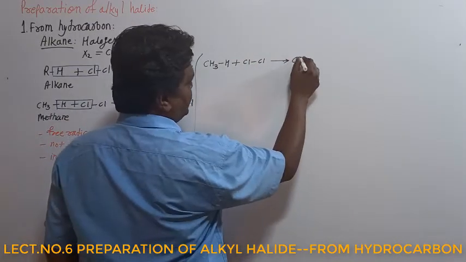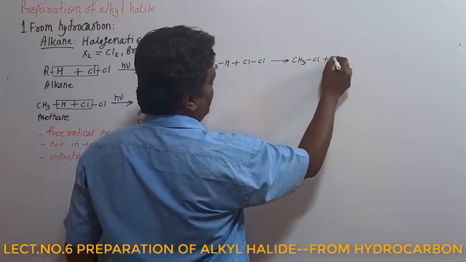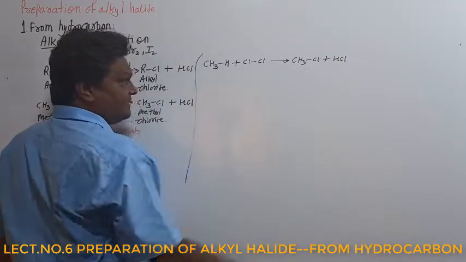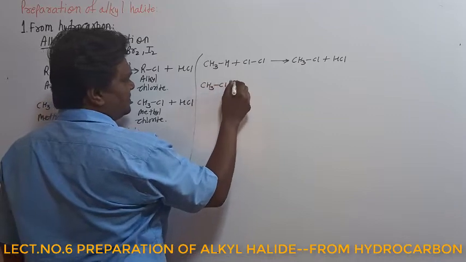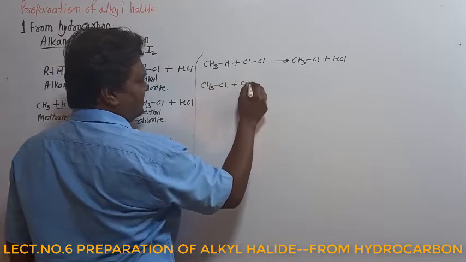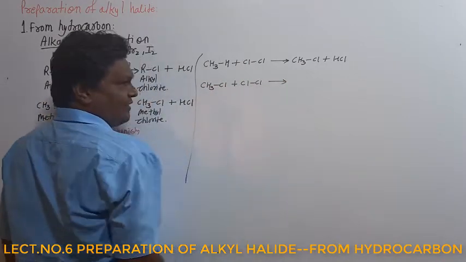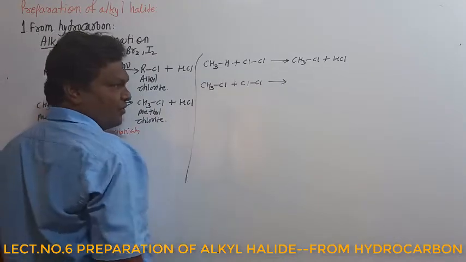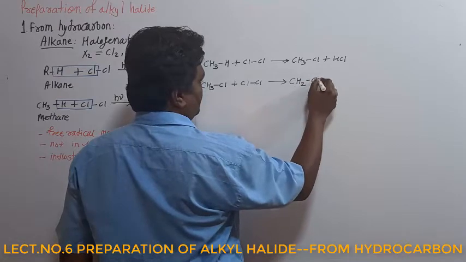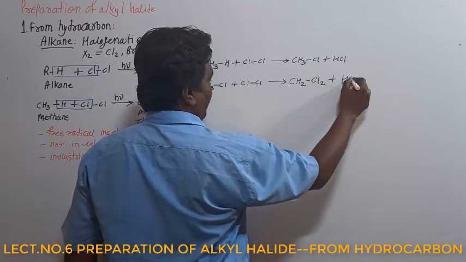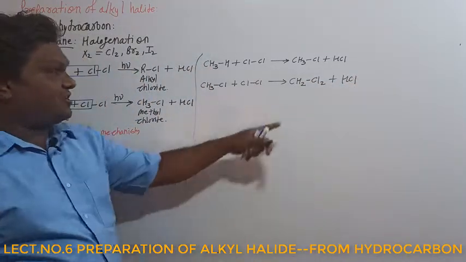You will get CH3Cl, that is methyl chloride, plus HCl. This methyl chloride again reacts with chlorine. One hydrogen atom will combine with the chlorine, and you will have CH2Cl2 and HCl. Again reaction never stops here.